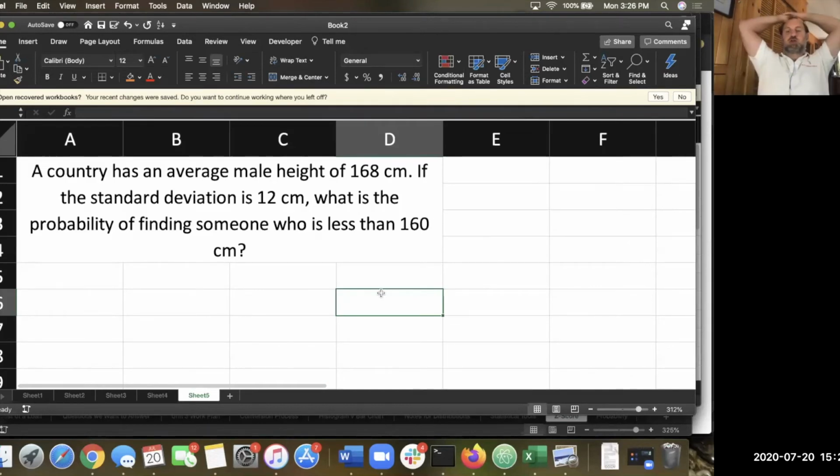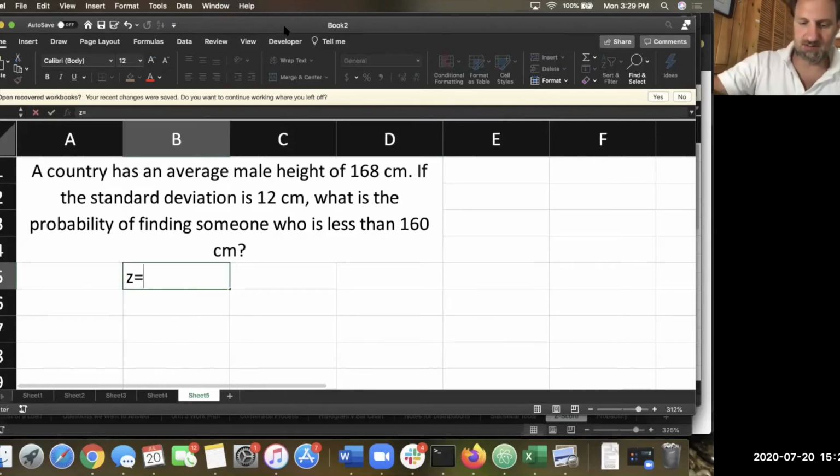Again, you've got three numbers. You should be easily able to pick out which one's the average and which one's the standard deviation, and those help you set up your z-score formula. That's step one. Step two, you use the table and make the conversion. Step three, you're trying to answer the question. So let's get up to step three, and then we'll talk again about how to interpret this.